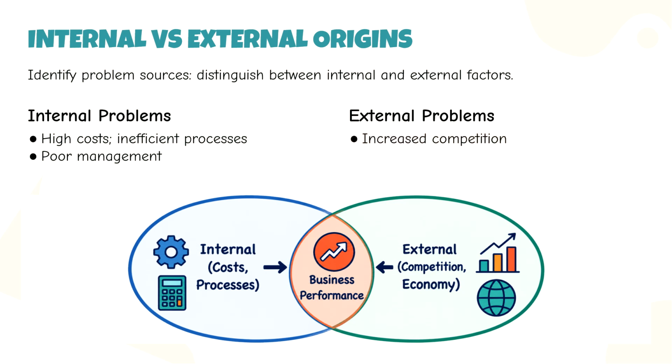This could be due to increased competition or changing customer preferences as well as economic shifts. Now, as you can tell, the internal problems are what the business can fix, and the external problems are the external factors that are affecting the business. The business can adapt to these external problems.